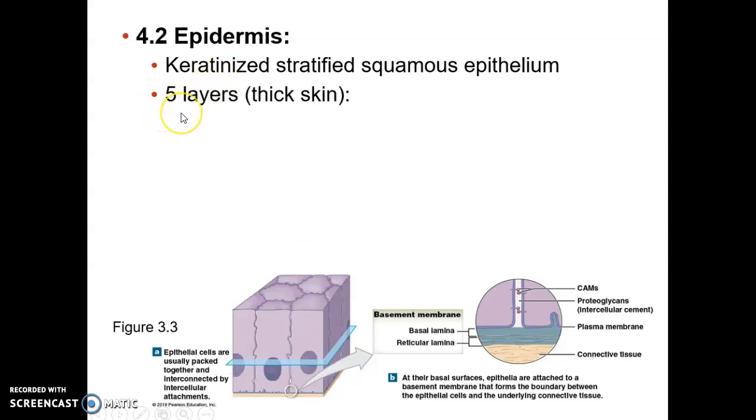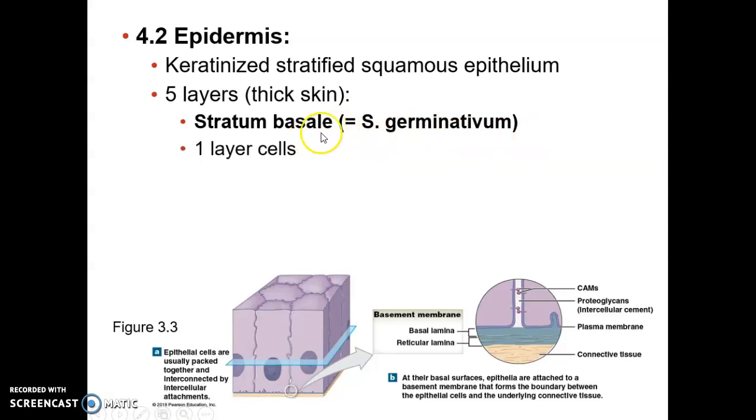There are 5 layers in the epidermis in thick skin, and thick skin is found on the soles of your feet and in the palms of your hands. The deepest layer is the stratum basale, or also called the stratum germinativum. Basale because it's like the basal layer. It is one layer of cells thick.